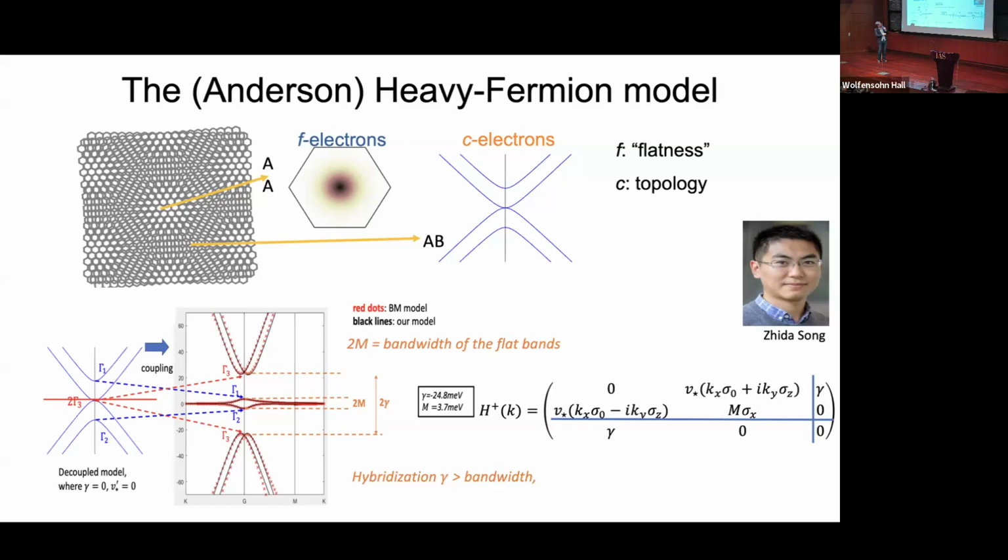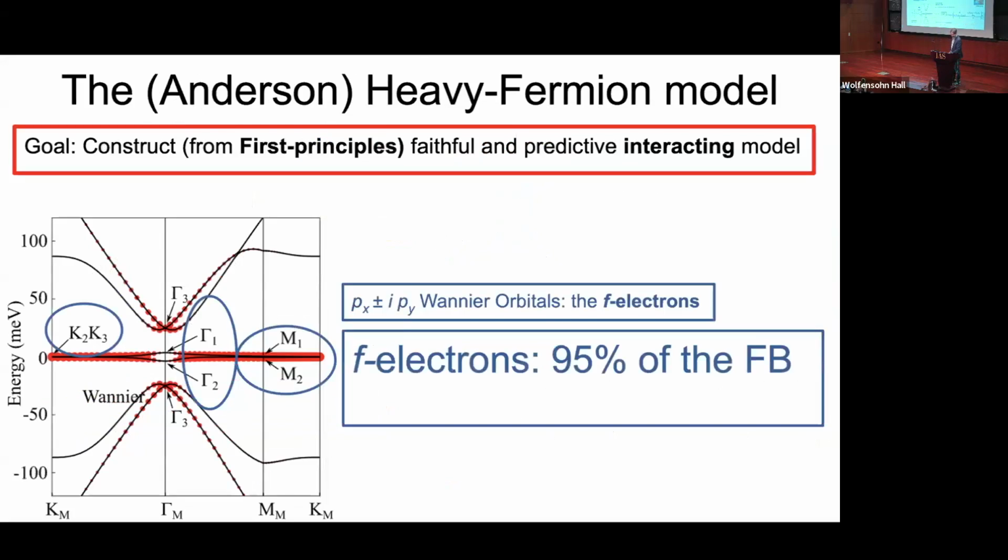Also, you can make these match really well if you do more k dot p expansion. This is just the first k dot p, but I can add k to the third, etc. I can make my C electron not just linear. So if I add k to the third, for example, I could reproduce even this.